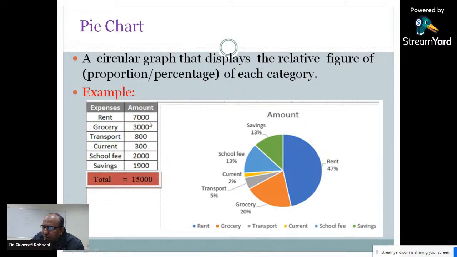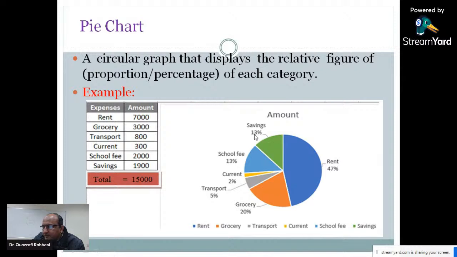Sum up all the distributions and the total is 15,000. So divide 7,000 by 15,000. If you want to show in percentage, then multiply it by 100. If you want to show it in degree, then multiply it by 360.